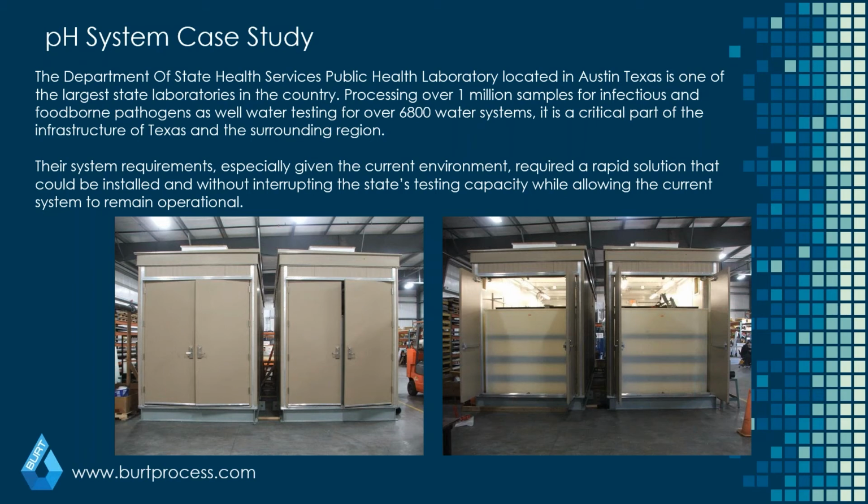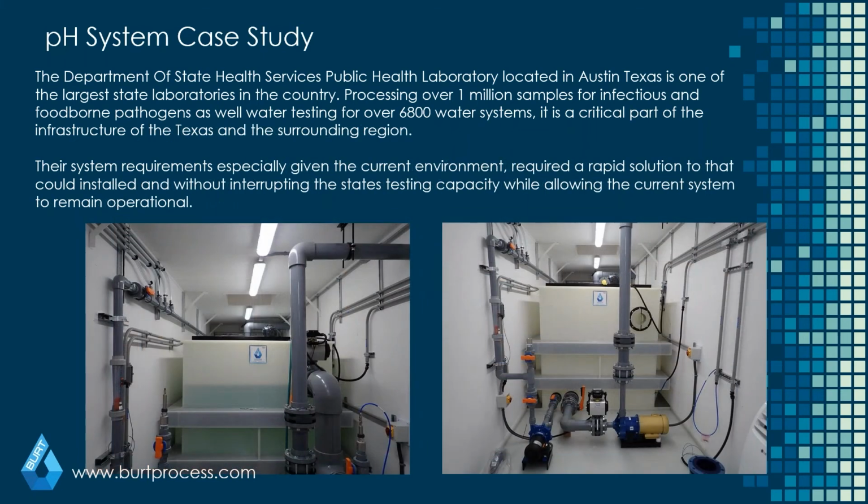That's what you have when you have an application where you want to implement something quickly and you don't necessarily want to have direct impact on your facility. And that's really what these units were designed for.